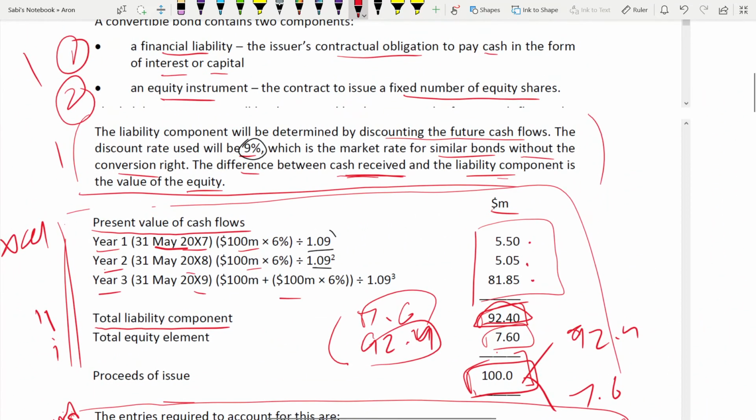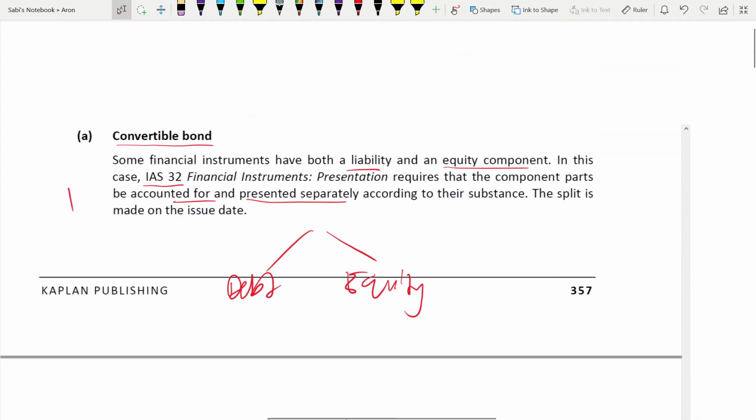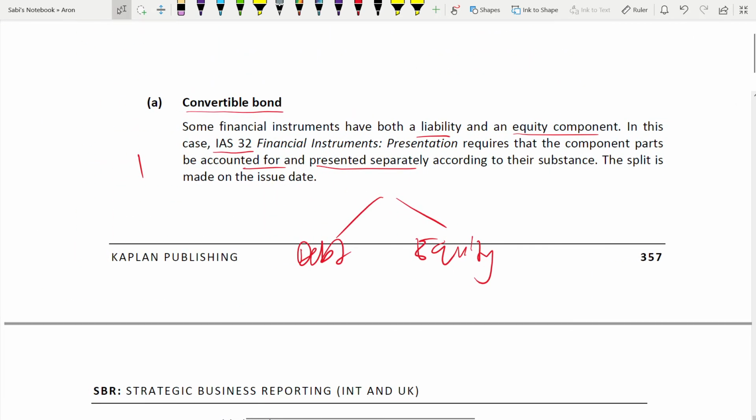Now I will summarize everything I've discussed. I've taken more time on this question because the rest are easier. I will not take so much time on the other parts, so don't worry.